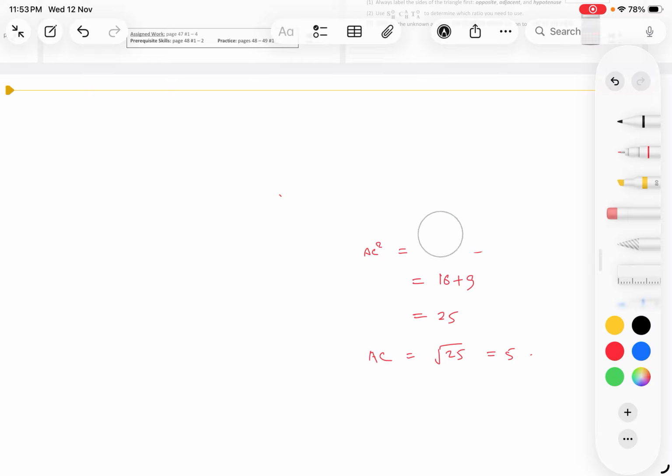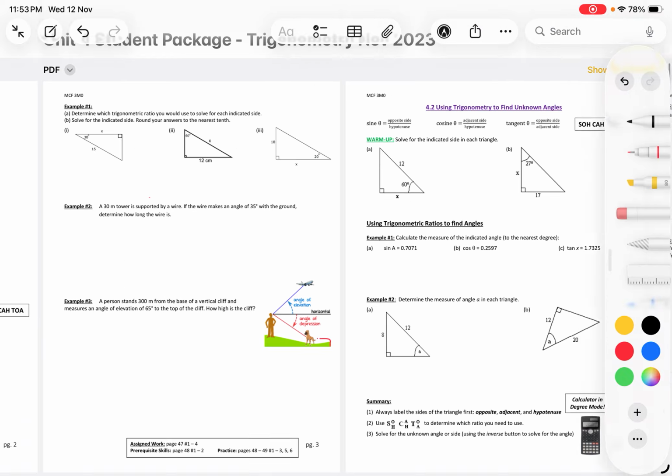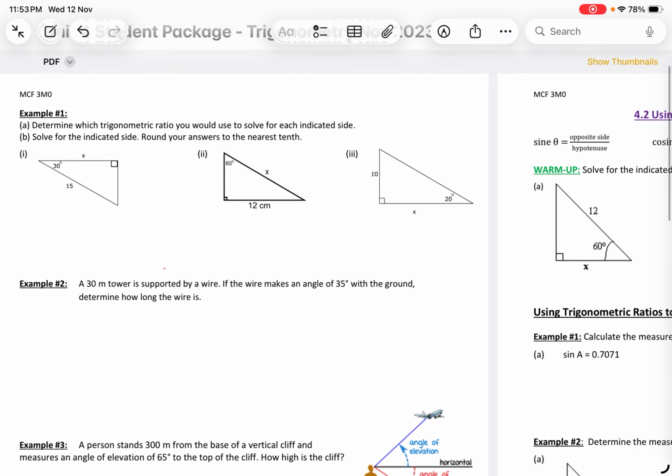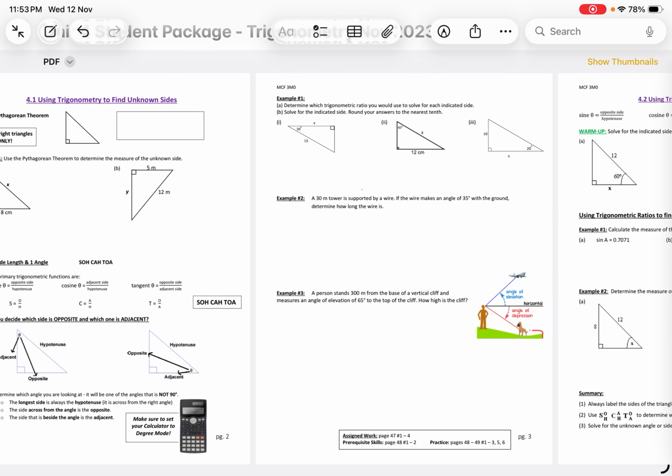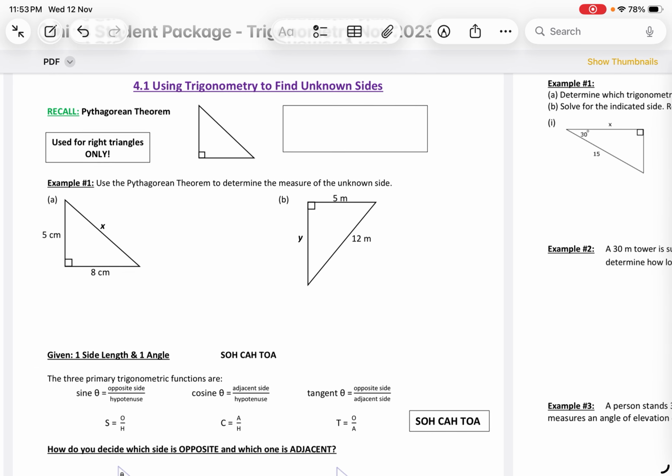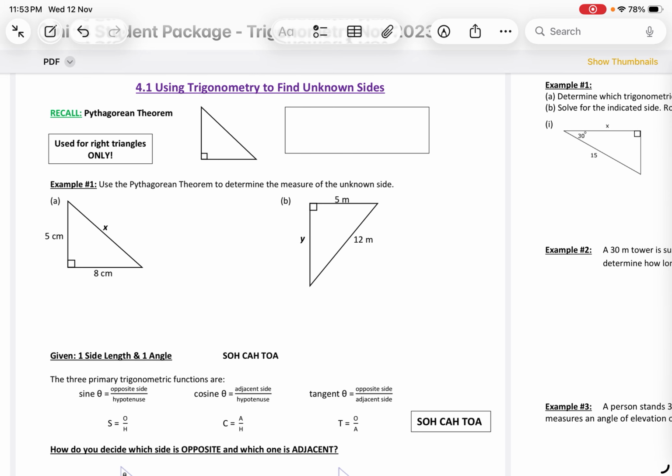Let us do two questions on this. Determine the side marked with x and y in these two diagrams.